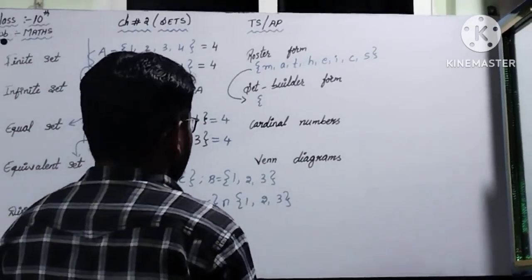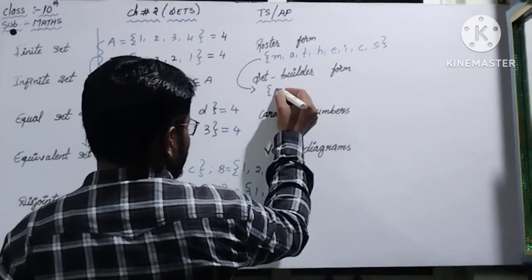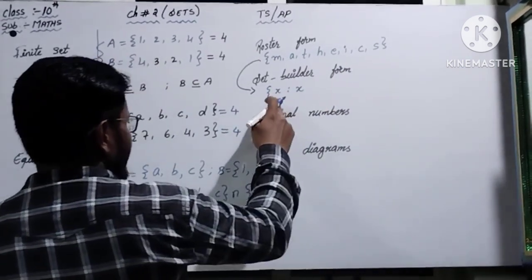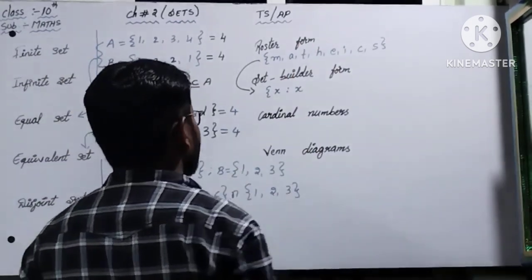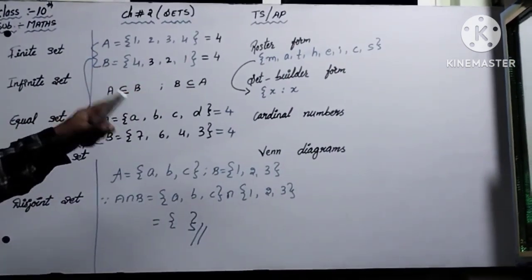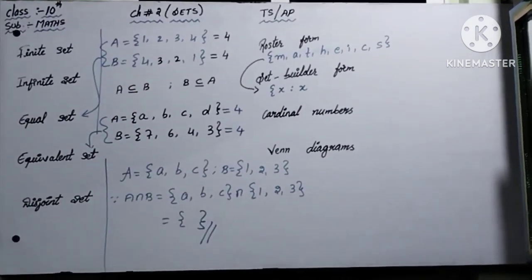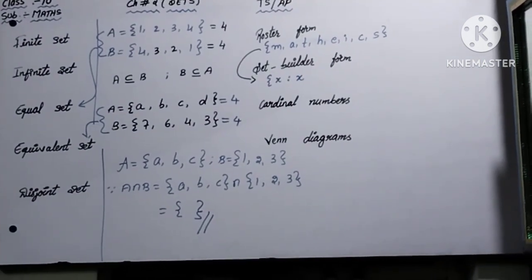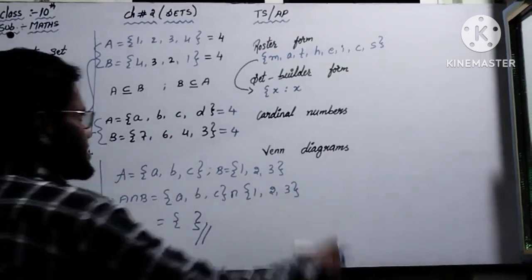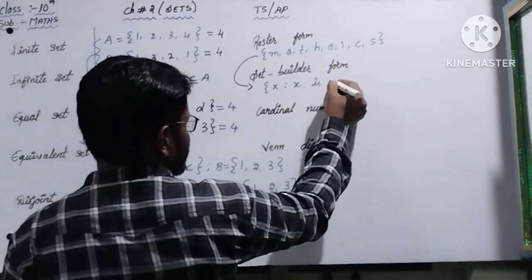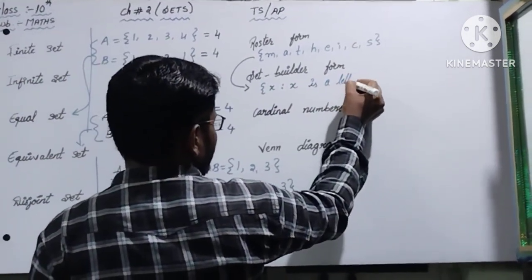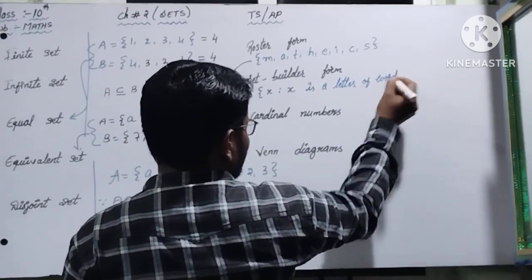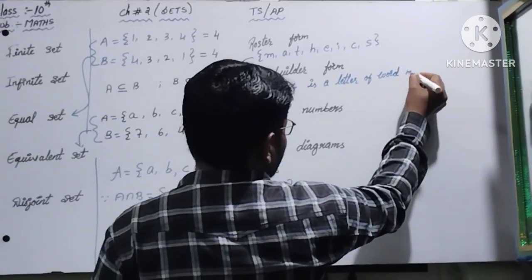In set builder form, first of all you have to give x such that x is a letter of the word. What is that word? That word is mathematics.